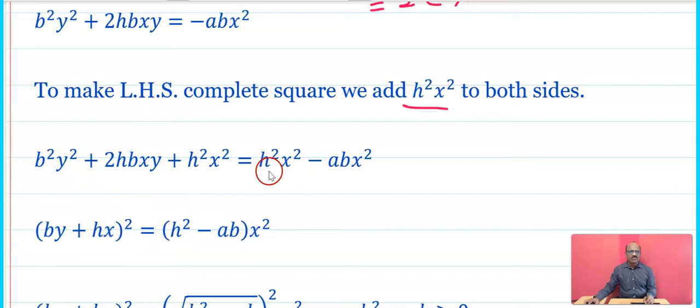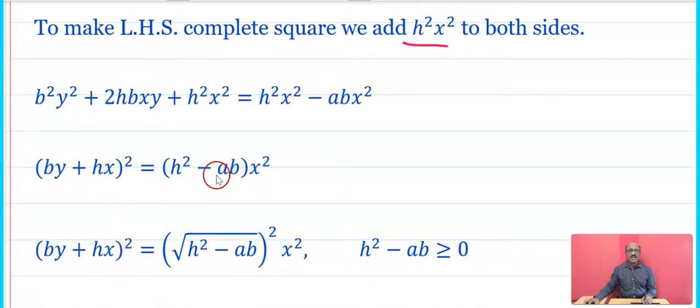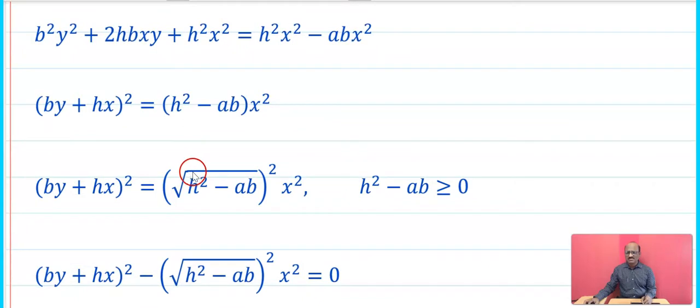Now from the right hand side, you can take x² as common. Then in bracket you will get (h² − ab) into x². Now this equation can be written again as (by + hx)² = (√(h² − ab))² x², where we have considered that h² − ab is greater than or equal to 0.